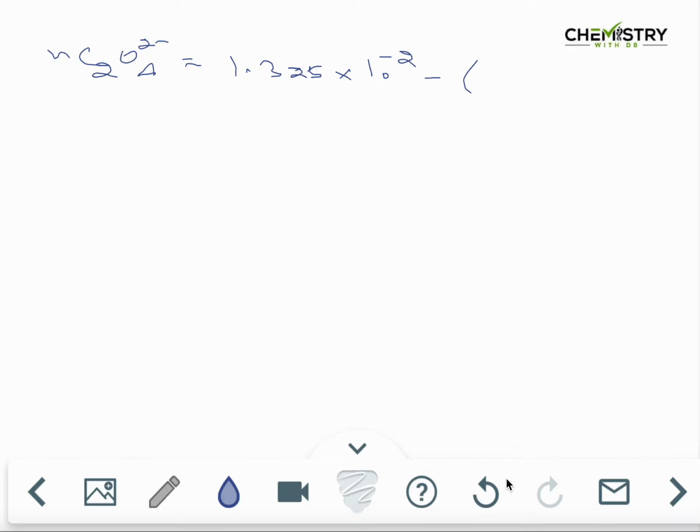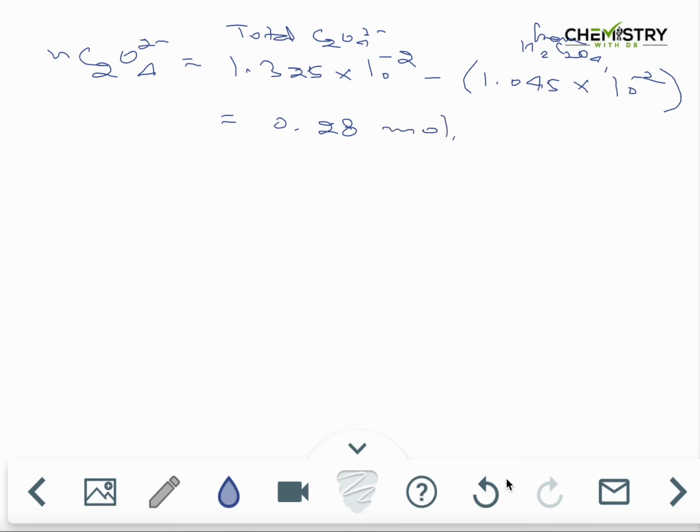How much? This much, 1.045 times 10 to the power minus 2. So these are from the total C2O4 2-, and these have come from the H2C2O4. When we subtract these two, we get 0.28 moles of ethanedioate ions, in units of 10 to the power minus 2.